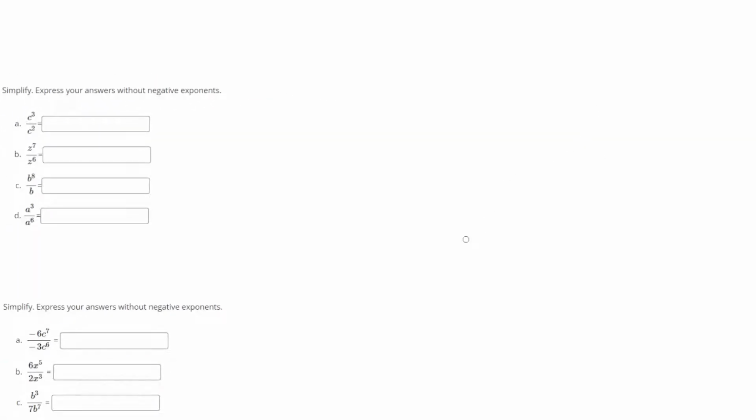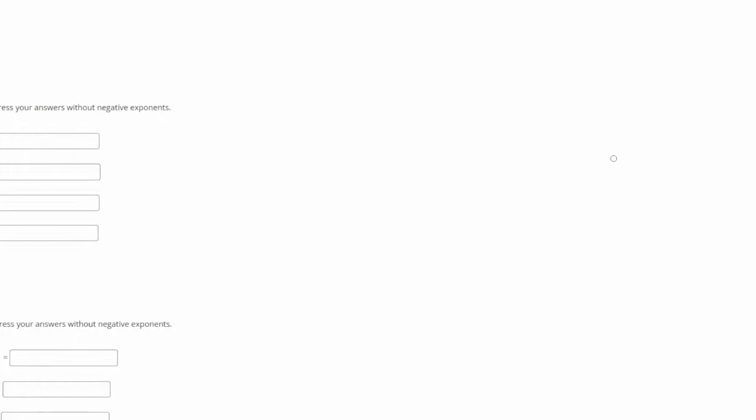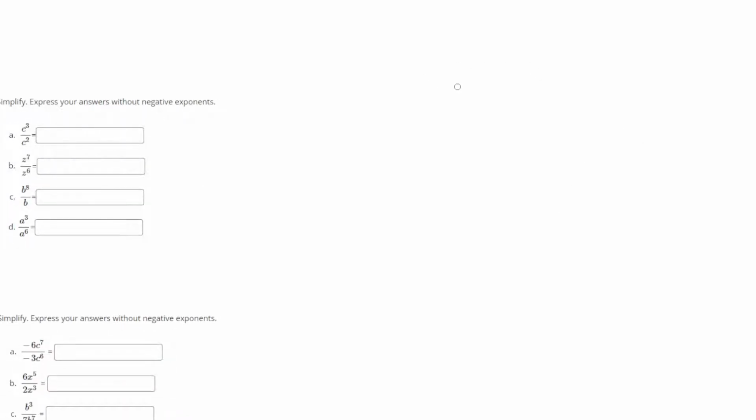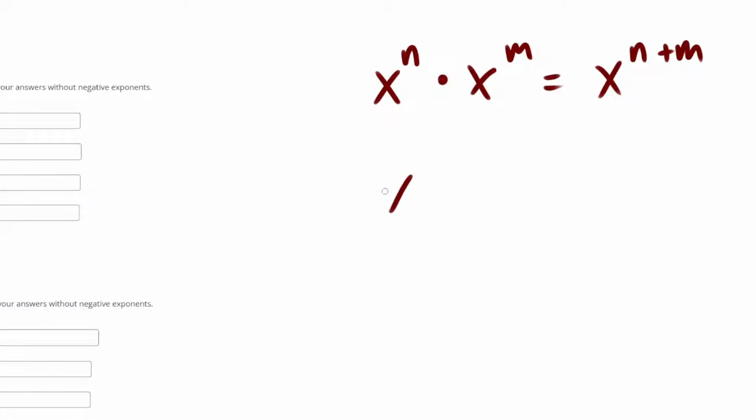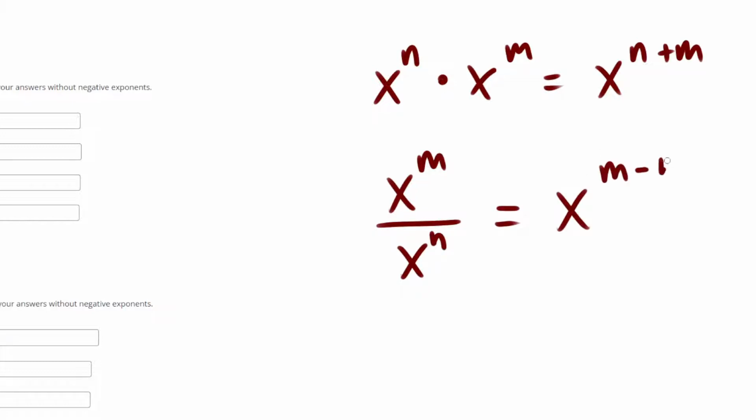Number one are the exponent rules. I covered them more in depth, I believe, last video, but briefly, if you have x to the n times x to the m, that's the same as x to the n plus m. And if you have x to the m over x to the n, that's the same as x to the m minus n.